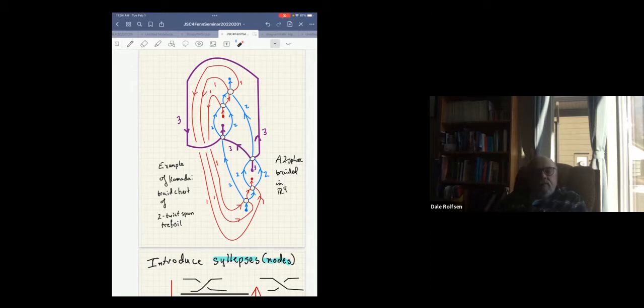And the colors here are meant to re-emphasize that this is sheet 3, this is sheet 2, this is sheet 1. So if we took a cross section over here and we read right around here, we would see 1, 2, 1.